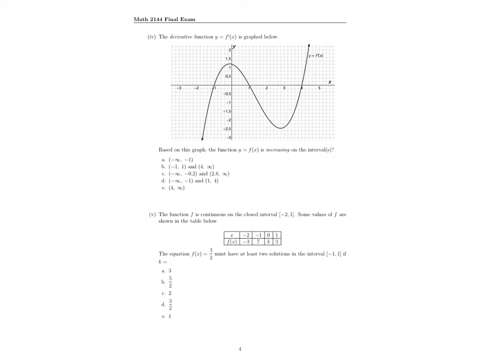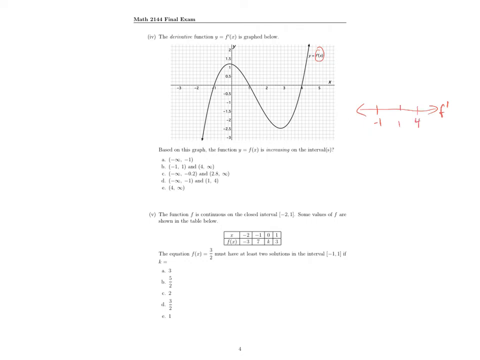So here I have the derivative function. So let's remember this is the derivative of f. So based on this graph, the function y equals f of x is increasing on which intervals? So I'm just going to draw this out on a number line for my f prime function. F prime is 0 at negative 1, 1, and 4.